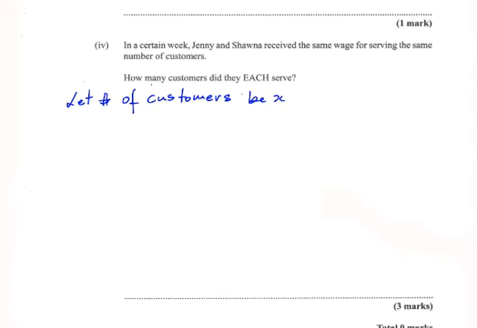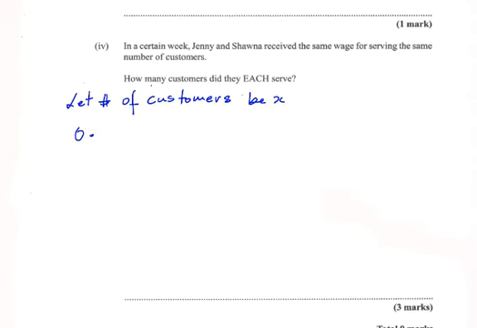So Jenny's wage, which is 600 plus 0.9x, in this case it's not n, it's x. N was supposed to be the number of customers served, and we said let the number of customers be x.